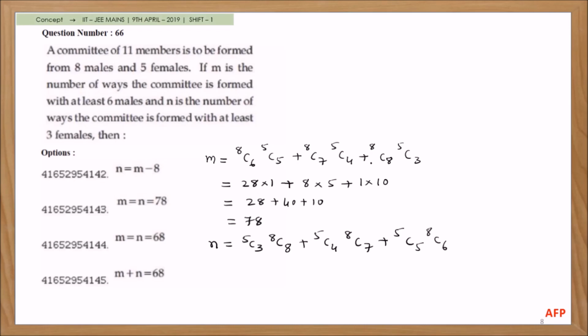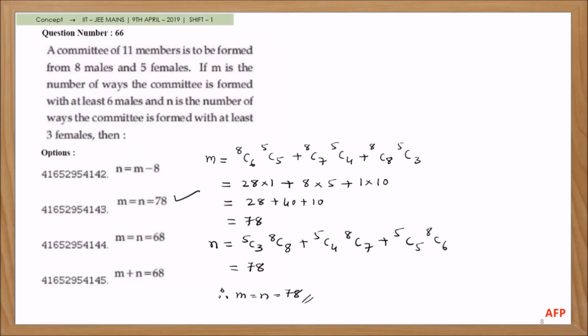So this is nothing but a reverse way of writing this. You can see this parity is nothing but here, and its value is also 78. So therefore m is equal to n is equal to 78 ways of forming a committee.